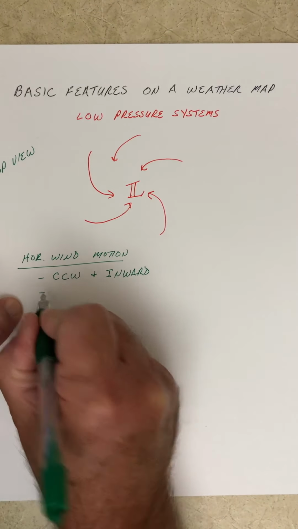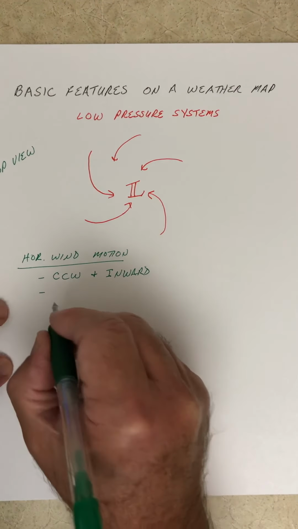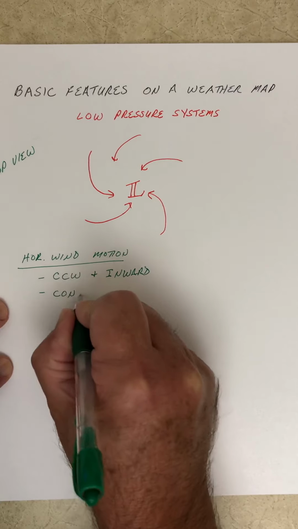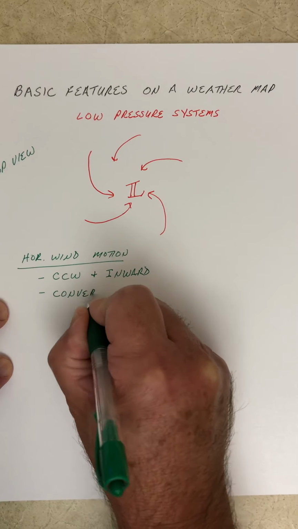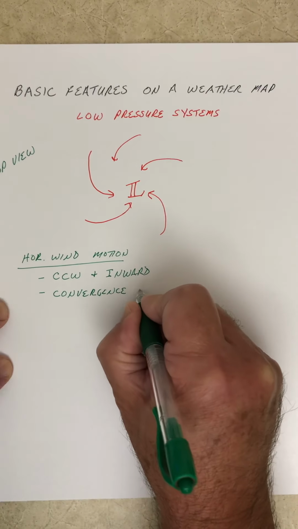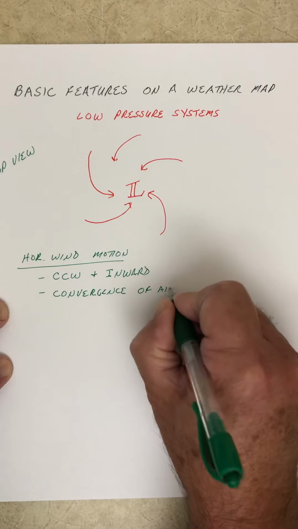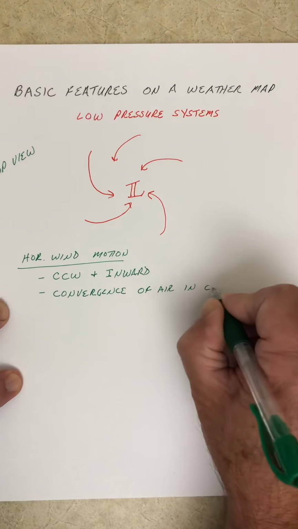What this does is create a convergence of wind. Convergence is going to be a word that we use throughout the semester. Convergence of air in the center of low pressure.